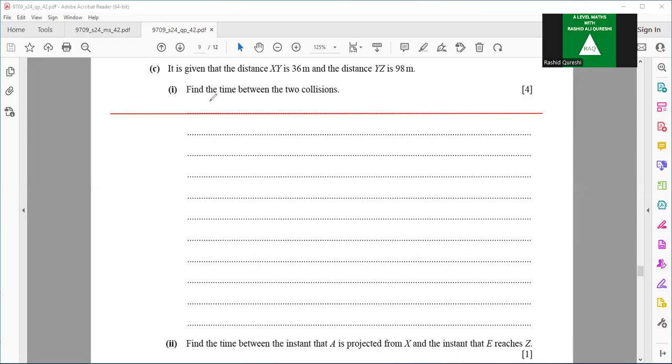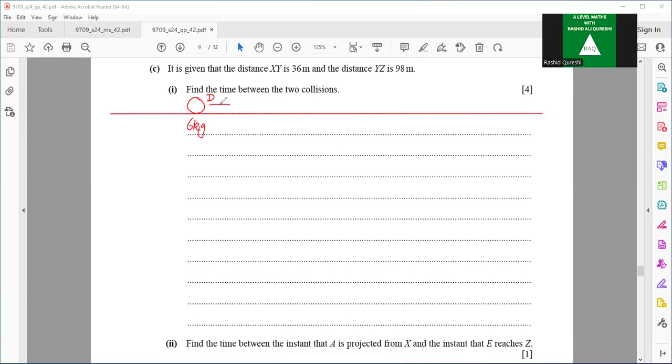Suppose the first collision is at time equal to 0, and after the first collision, the particle that exists is the particle D. Its mass is given, the particle D is the combination of particle A as well as B. So its mass will be 5 plus 1, 6, if I'm not wrong.